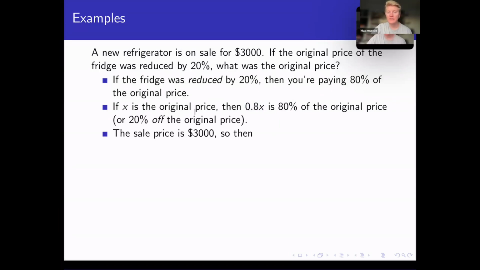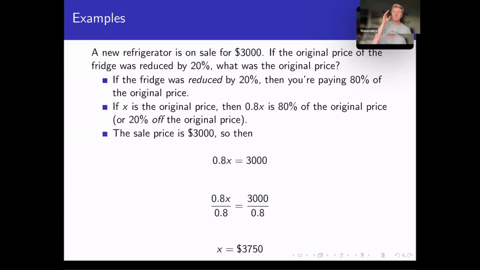Well, the sale price that we're given is 3,000. So if the sale price is 3,000 and 0.8X is the discounted price, then 0.8X equals 3,000. Well, we know how to solve for this. Divide both sides by 0.8 and we get 3750.